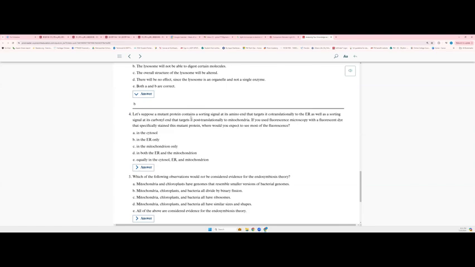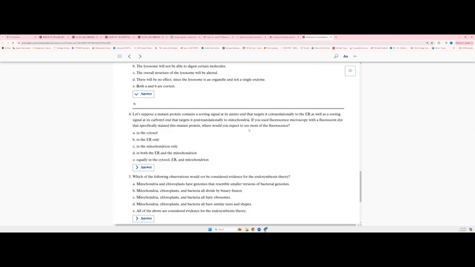Okay, so it's changed. So it cannot go here. If it didn't change, it can go here, it goes to the mitochondria. Now it's changed, right? So it cannot function anymore.